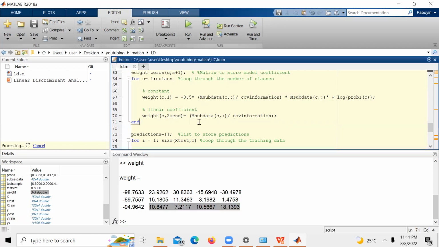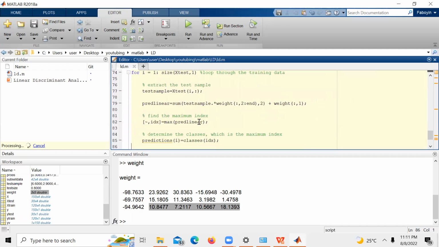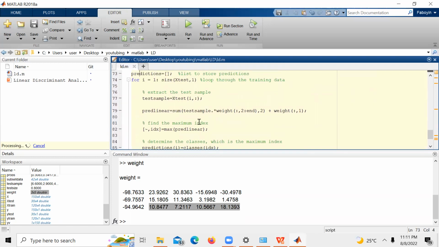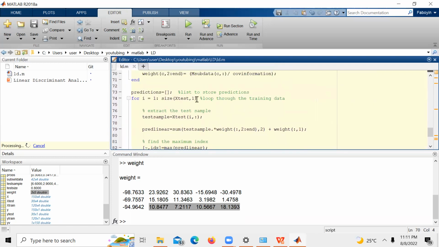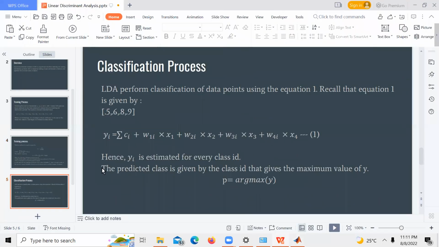Then in the classification process, we loop through the size of the testing set. We want to now test, so we go through the testing set, and for each test sample we extract the sample. Then we use this last formula that I described here.